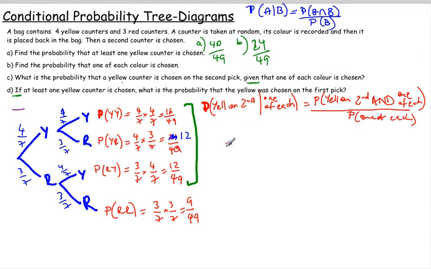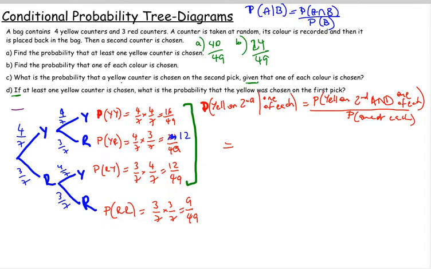So the probability of yellow on second and one of each. I want yellow to be the second, but I want one of each. So that's this route here, which is 12 out of 49.